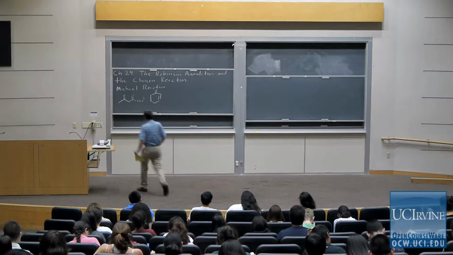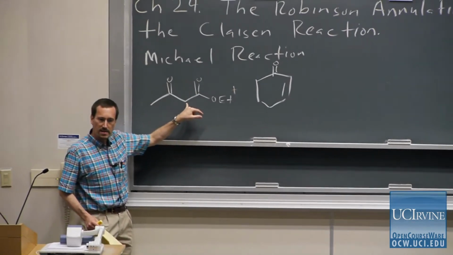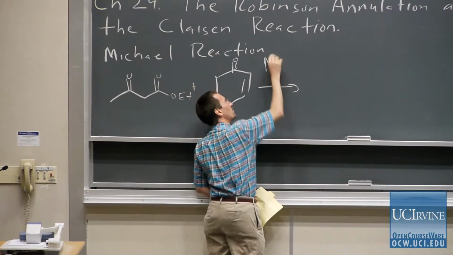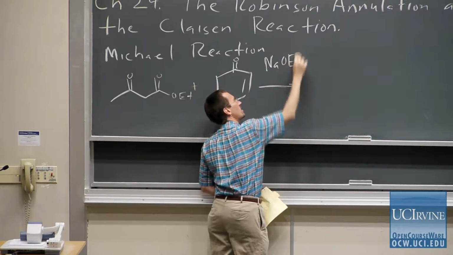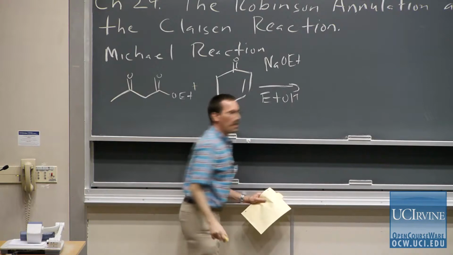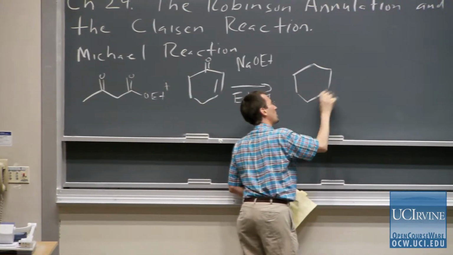And in the presence of something that allows us to make an enolate here, in this case, one of our two favorite bases we've been seeing again and again, sodium ethoxide in ethanol, we end up with a 1,4 addition of the enolate to generate a new enolate.